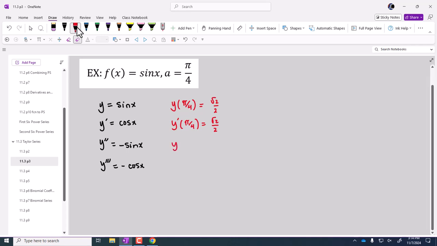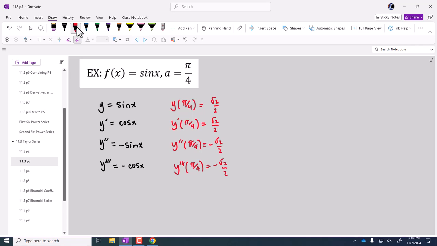On down the line. Okay, so there is the function and the derivative values.